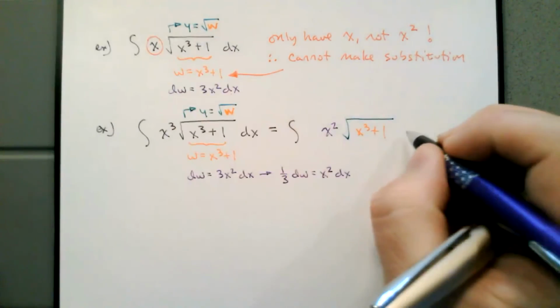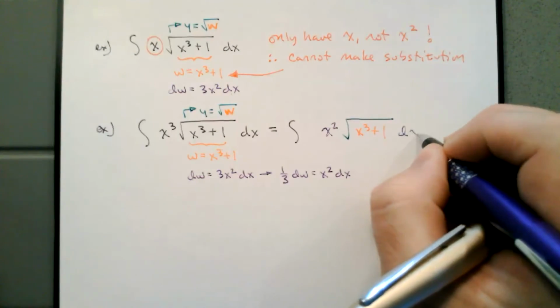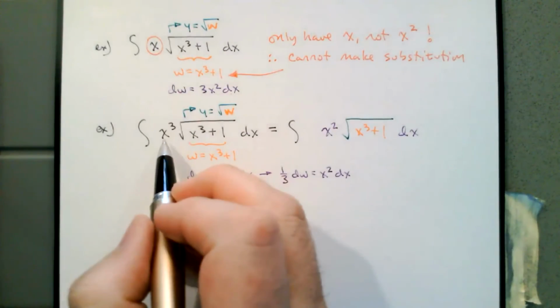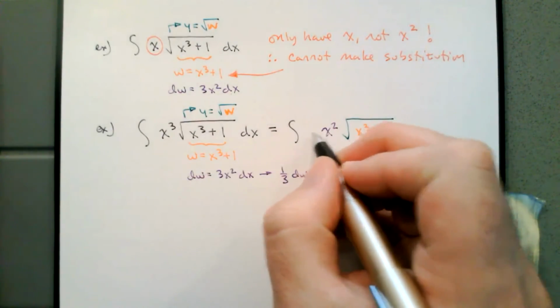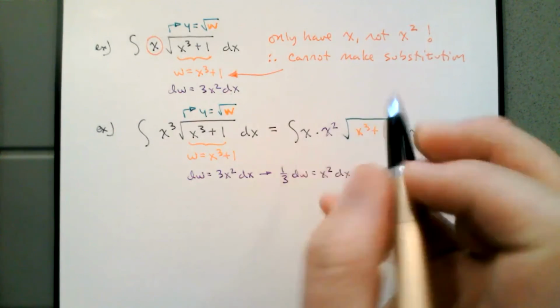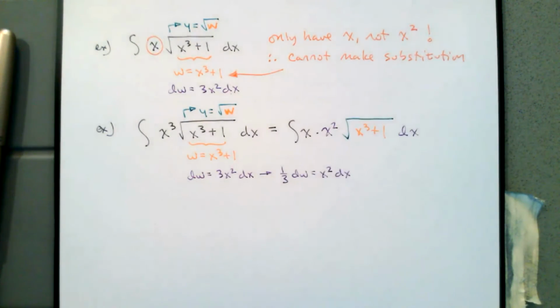The dx can be part of the x squared. But over here we had an x cubed, so I've got this extra factor of x that won't be substituted by anything that we have so far.